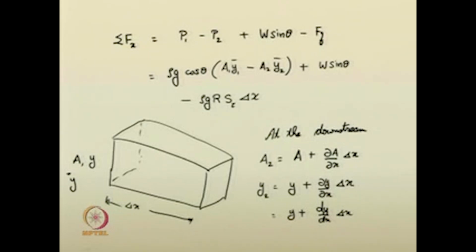Similarly, one can also suggest the quantity A y bar, if we take into account the moment of the area. So, A y bar in section 2 is nothing but A y bar in section 1 plus dou by dou x of A y bar into del x. Like that also one can easily give, isn't it?